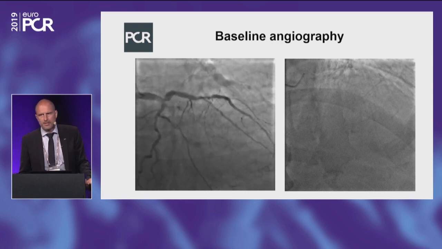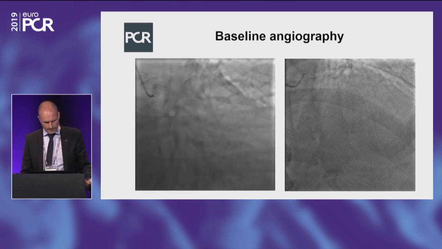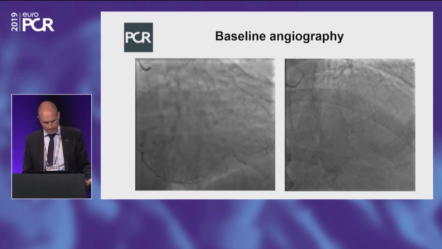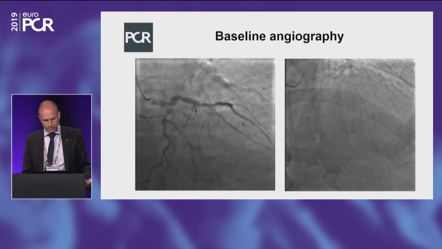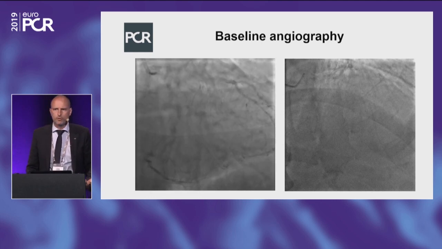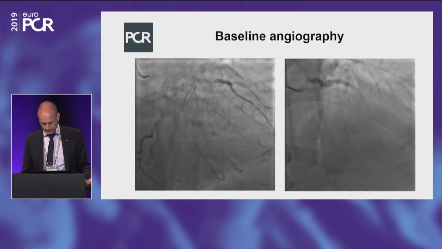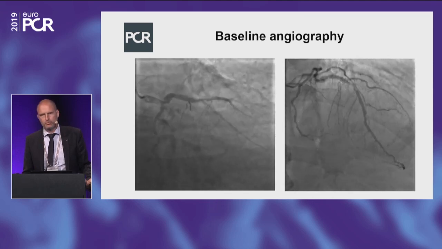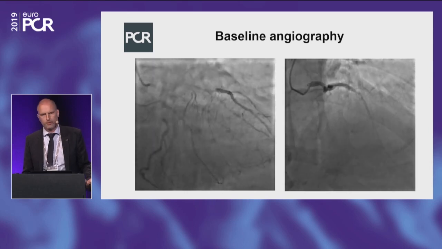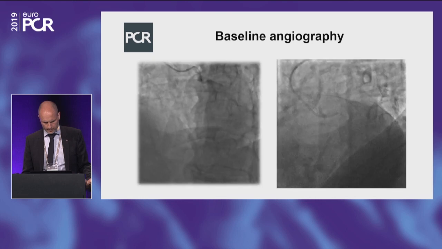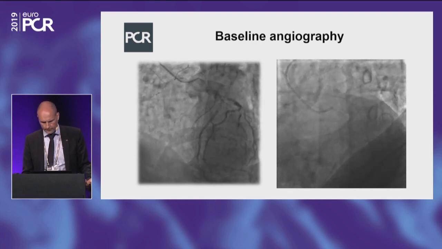So here you can see the baseline angiography showing the in-stent occlusion of the first marginal branch, but also a distal lesion with involvement of the ostium of the LAD and the circ. On this view, you can see also what we could call an intermediate lesion in the mid-LAD that we have also on this cranial view.